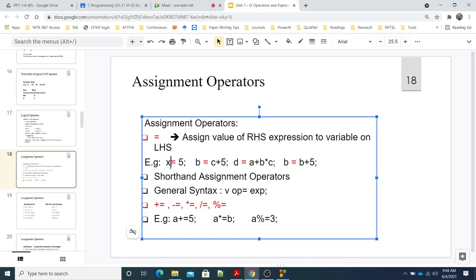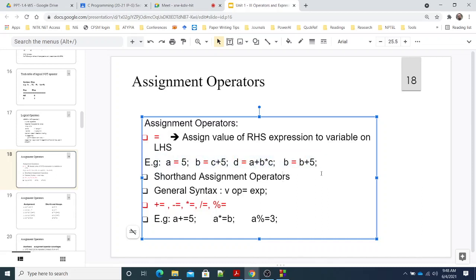The RHS can be a constant, a variable, or an expression like this. So the complete RHS will be evaluated and the final result will be assigned to the LHS. That is the functionality of the simple assignment operator.